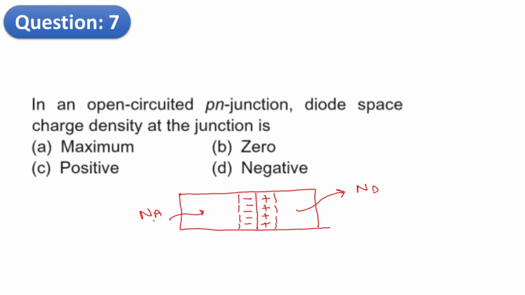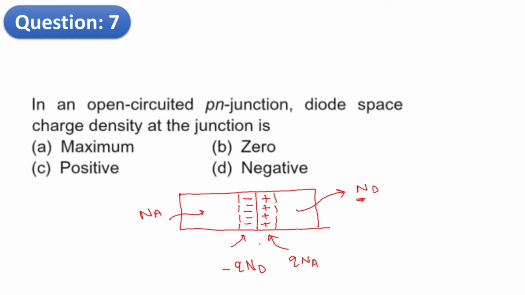Okay, so in this case the charge density depends on ND. Okay, so Q into ND, and because of the negative sign there will be a negative of QND, and this side positive, that is Q into NA. Okay, so it will be like this.